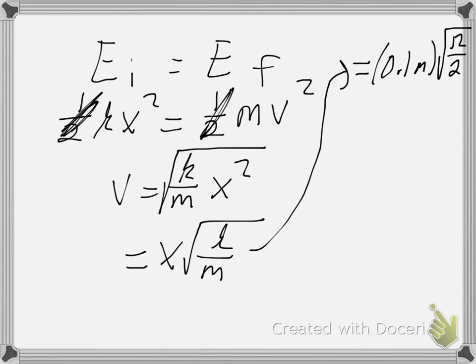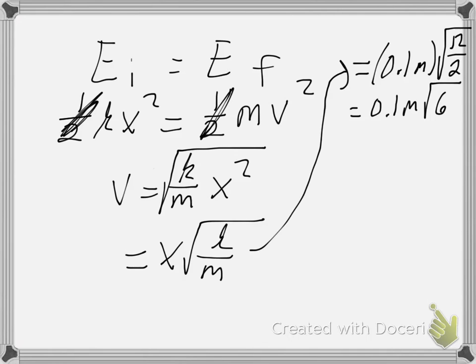12 over 2, so this is going to be 0.1 times the square root of 6, and inside here we're going to get essentially 1 over seconds squared is the units we're going to get in here. I won't work through the units, but that is what you get.